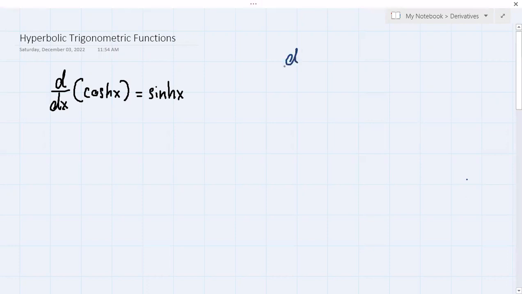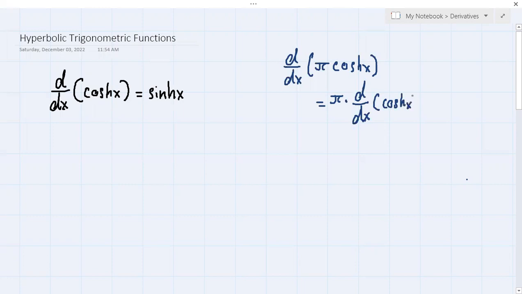So let's have some examples. So let's just say meron tayong derivative of pi times cosine hx. So in here, magiging ganito na siya, pi times the derivative of cosine hx. So remember, derivative ng cosine hx is sine hx.